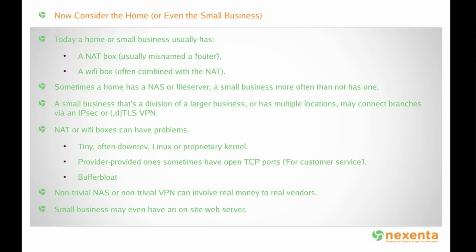The problem with the NAT boxes that you get from your ISP, or just go down to Fry's or Best Buy or Micro Center to get, is that they are often down-rev Linux. These vendors just take what they have and run with it. And the provided ones, especially by the ISPs, often will have open TCP/IP ports for customer service.